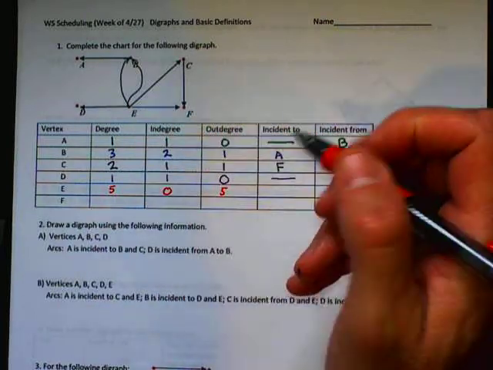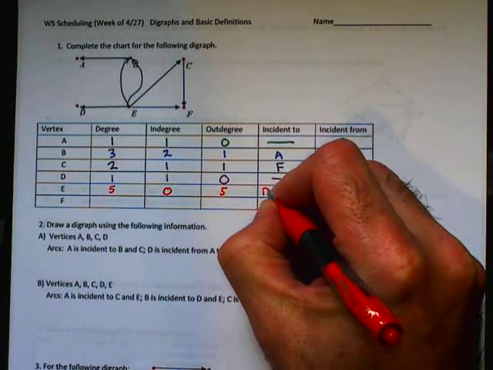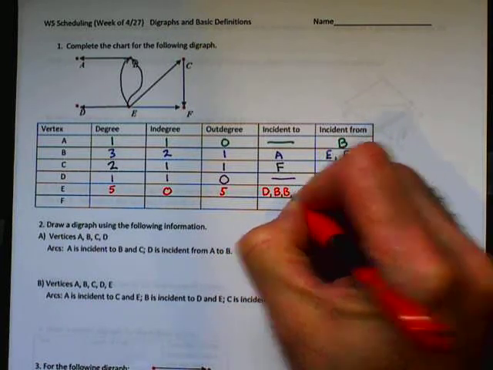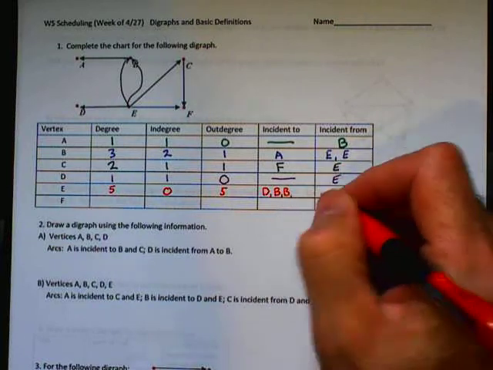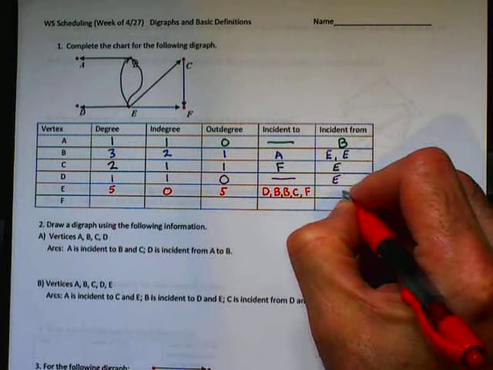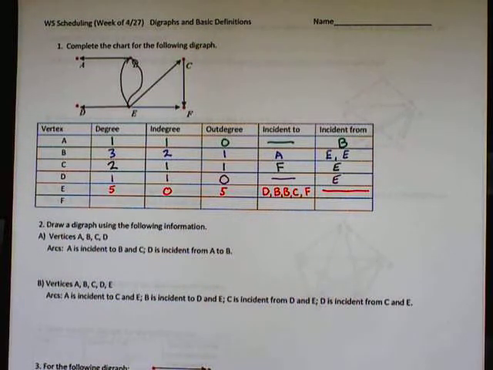If you're at E, you can go to D. You go to B, 2 different paths or edges. You can go to C, or you can go to F. And there is no way you can come from somewhere to get to.